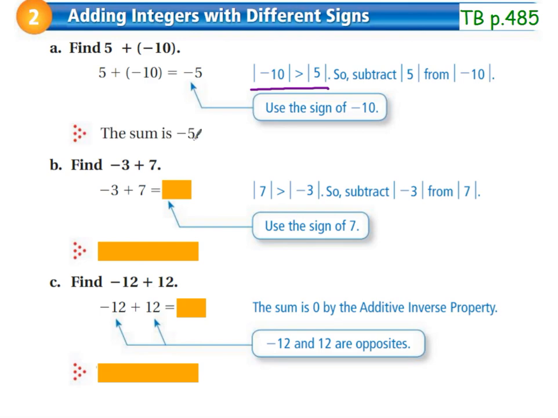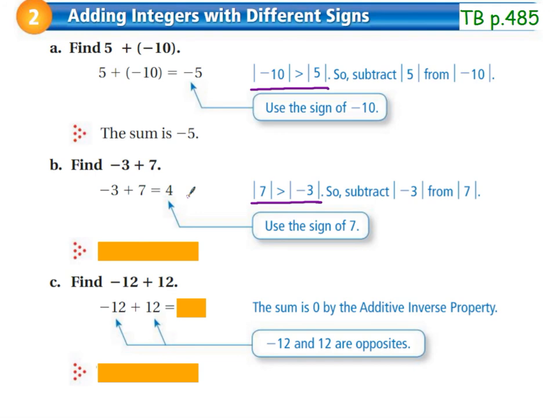So the sum is -5. Okay, with -3 plus 7, this problem was actually on the other page, but 7 is greater than -3, so I subtract the absolute value of -3 from 7, and I get 4. And it's positive because the 7 has a bigger absolute value, and it's positive.